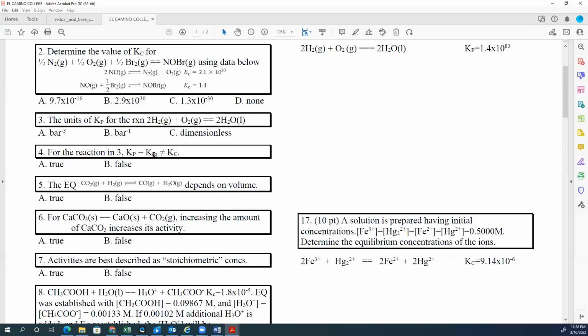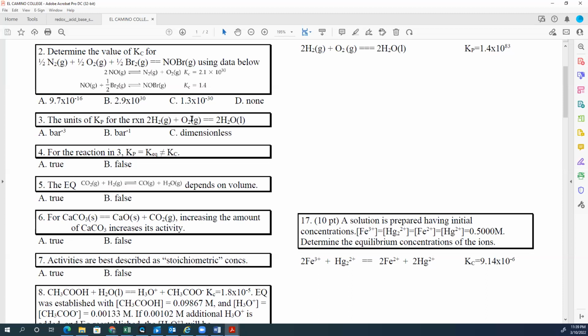So the second part: is KEQ and KP the same as KC? We were just talking about KP and KC. KP and KC are equal only when delta N of gas is equal to 0. Is delta N of gas equal to 0 here? What is delta N of gas for number 3?